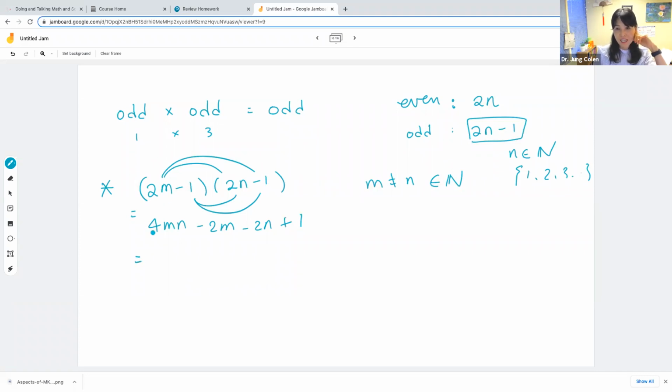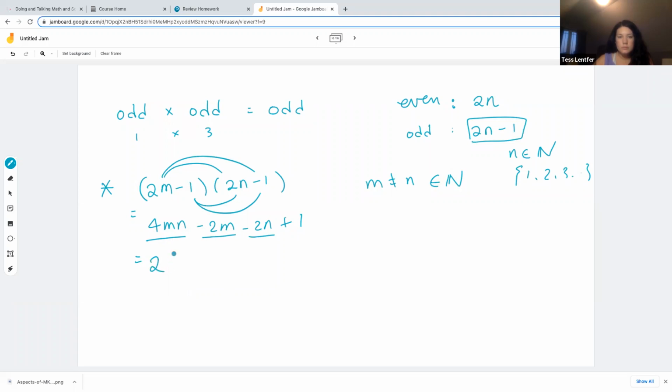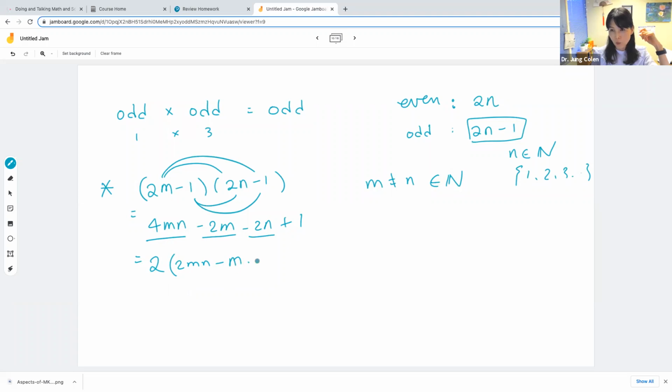And we can see that all of these that I'm underlining are multiples of 2, right? So I can factor 2 out. 2 times 2mn makes 4mn. 2 times negative m makes negative 2m. 2 times negative n makes negative 2n.